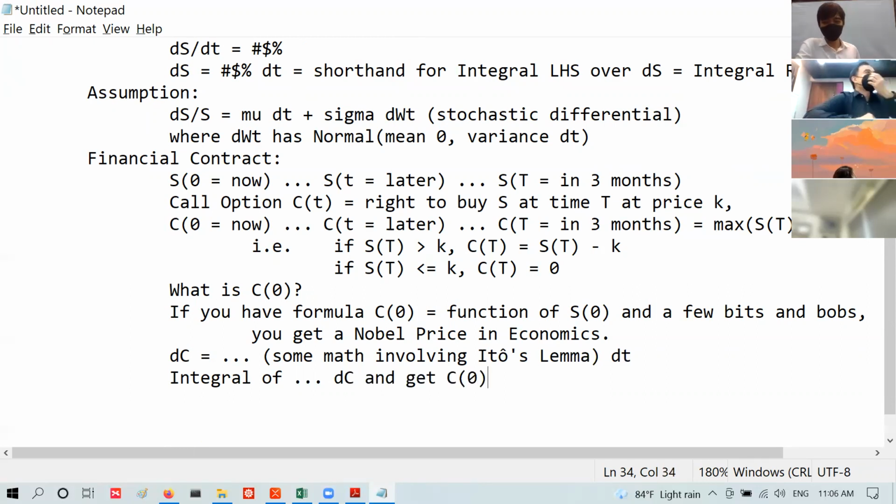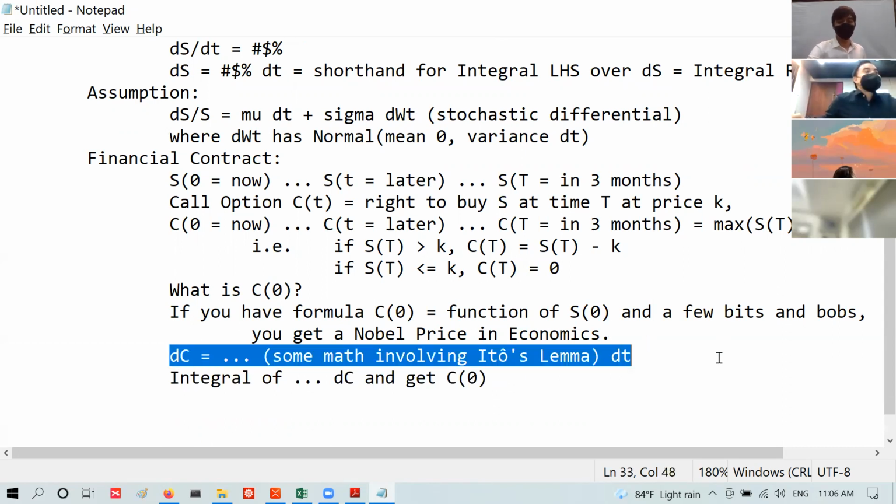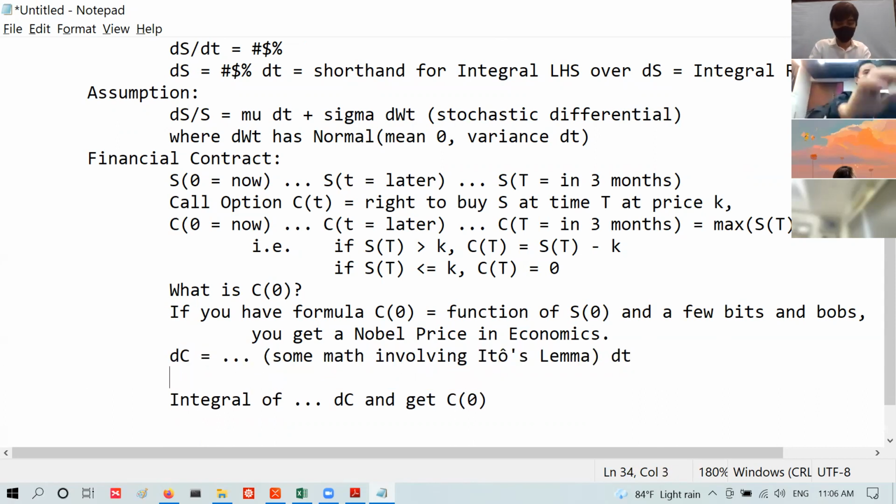Okay, it turns out, by the way, that this equation, once you stick in the Ito bit, is a very simple equation. In fact, this one becomes what's called the heat equation. You know what a heat equation is? It's the dissipation of heat. Let's say I have a bar of hot stuff.